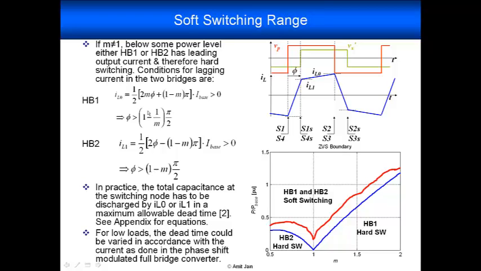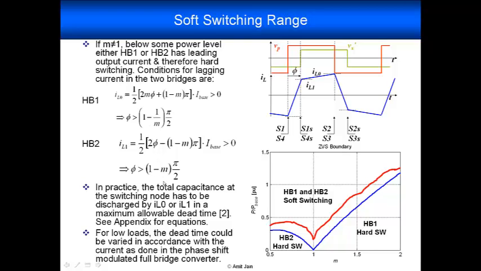So for power transfer from left to right, we're going to get soft switching. For HB2, however, the secondary side bridge, m is less than 1 and there is a positive value of phi below which we're going to start getting hard switching.